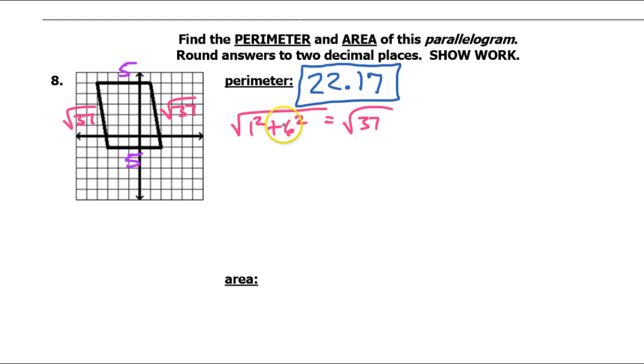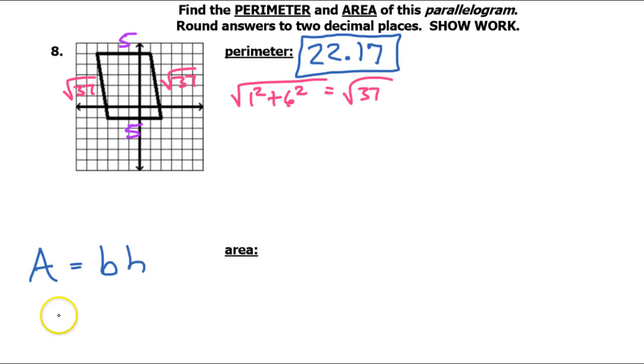Now the area. The area for a parallelogram is base times height. Now the base is 5.